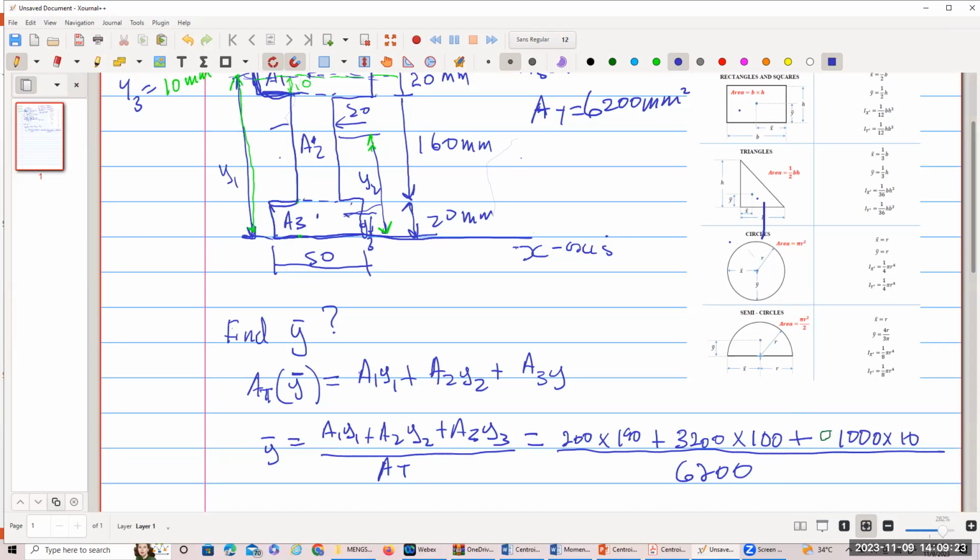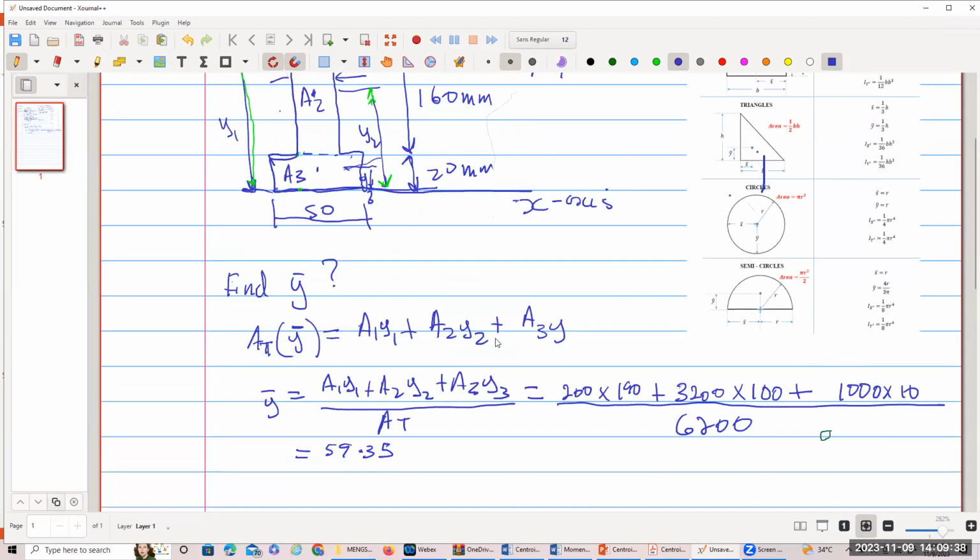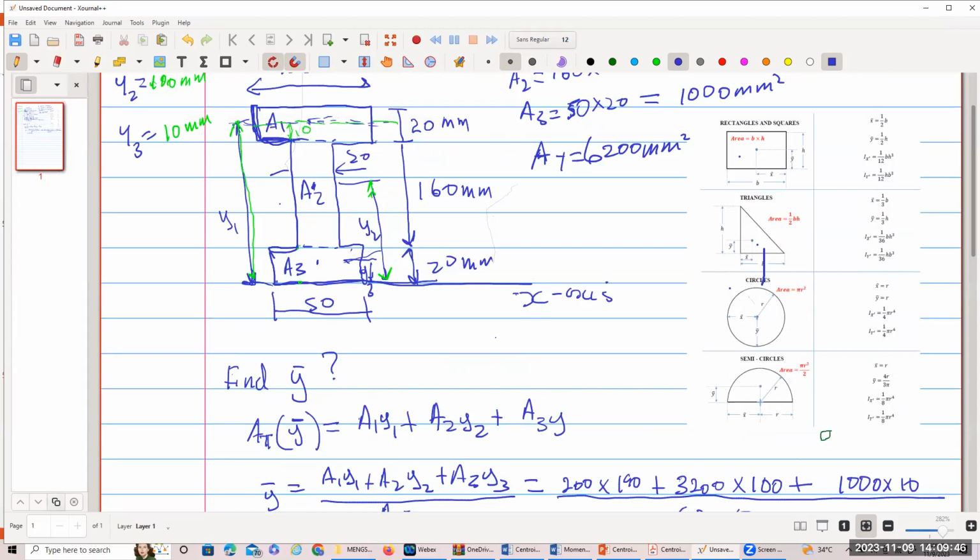Come again, man, check that. I am getting 59.35. Millimeter. Which is telling you that Y bar is probably somewhere down here.